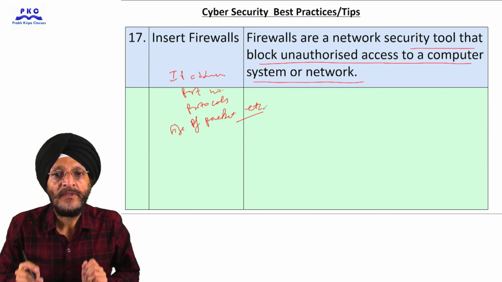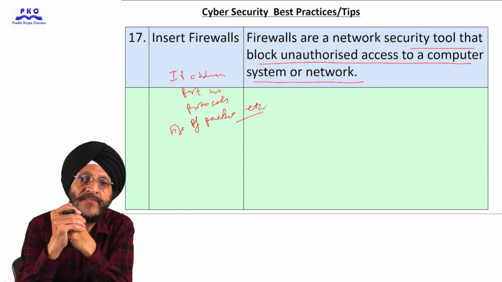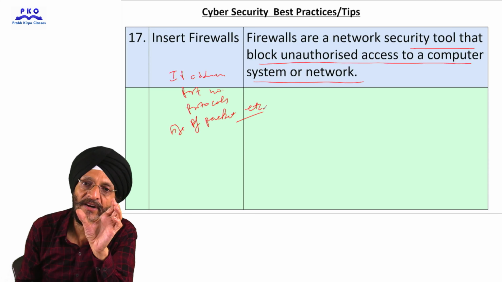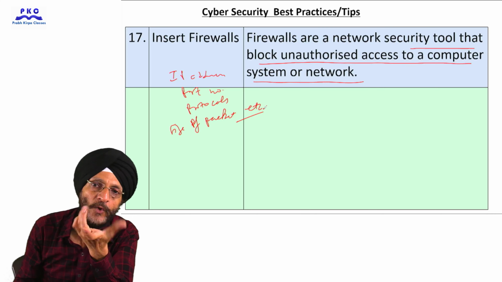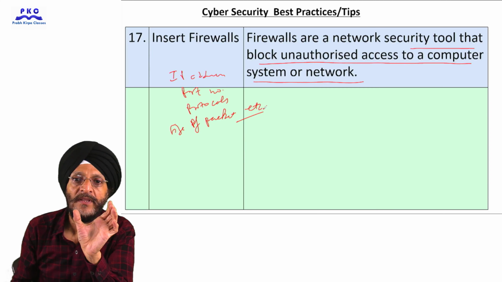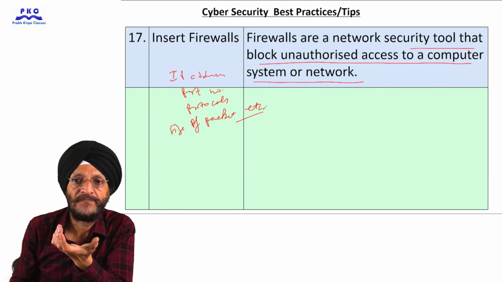Now, you may ask whether, if we purchase a computer system or a mobile, a firewall is pre-installed or not. Most modern computer systems or mobiles have pre-installed software firewalls.